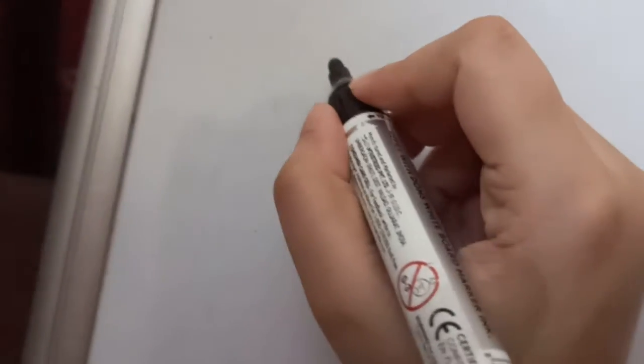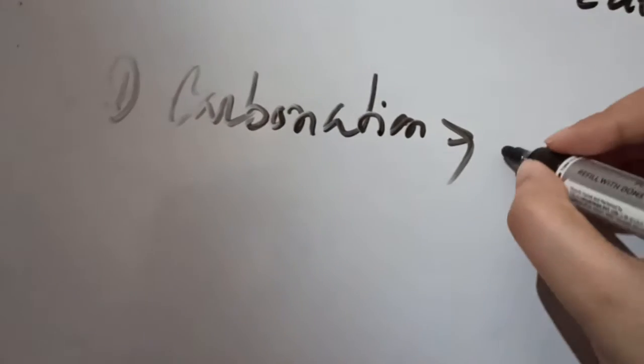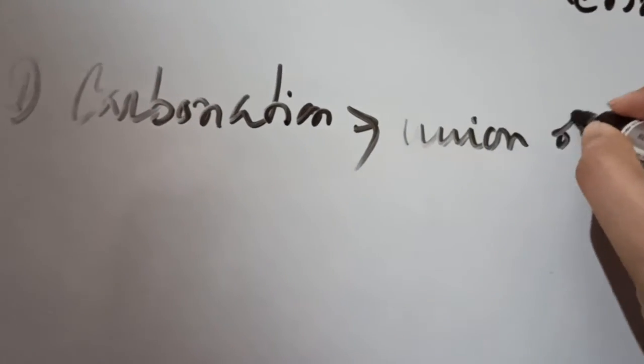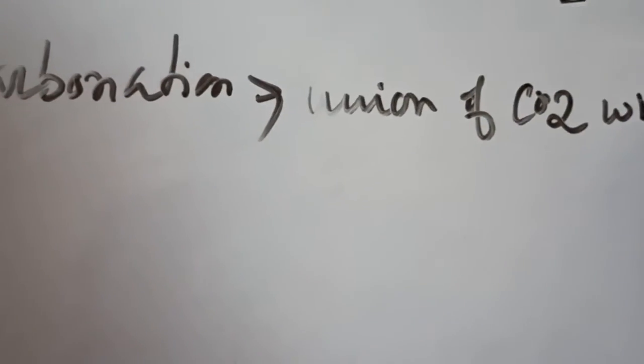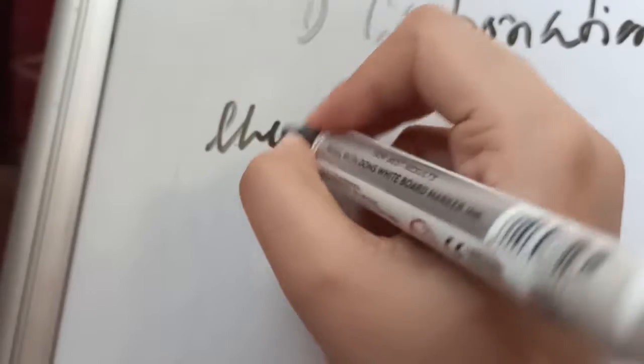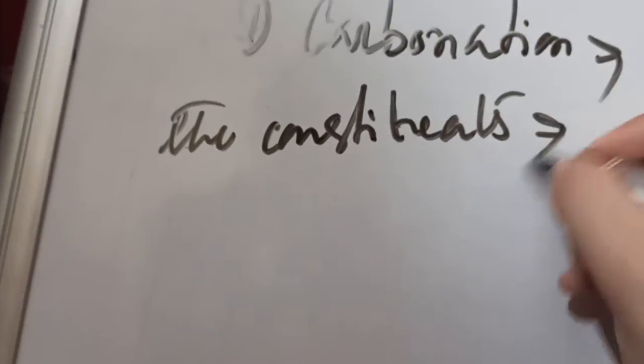The first process is carbonation. Carbonation is actually the union of carbon dioxide with the mineral constituents that are present inside the rocks.